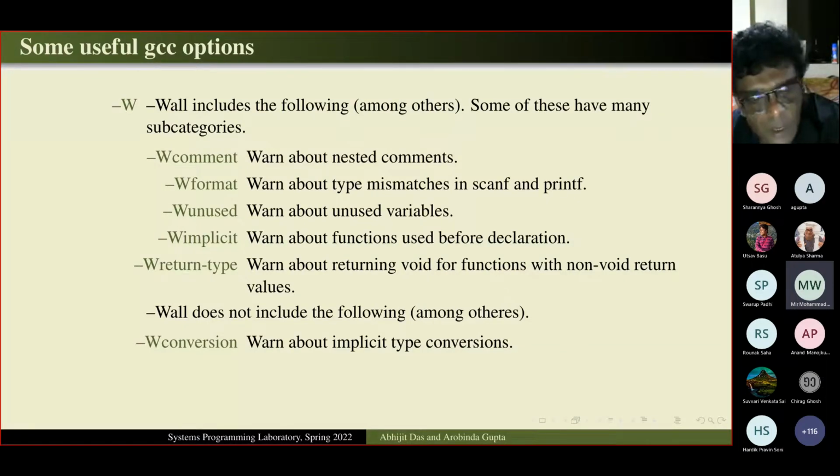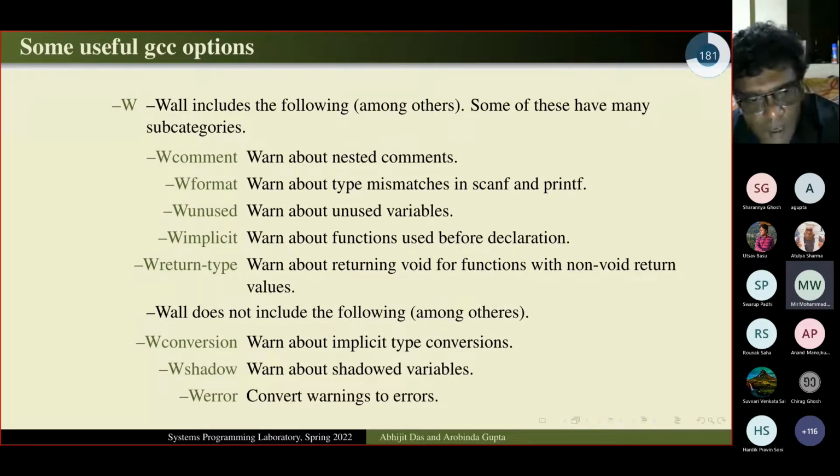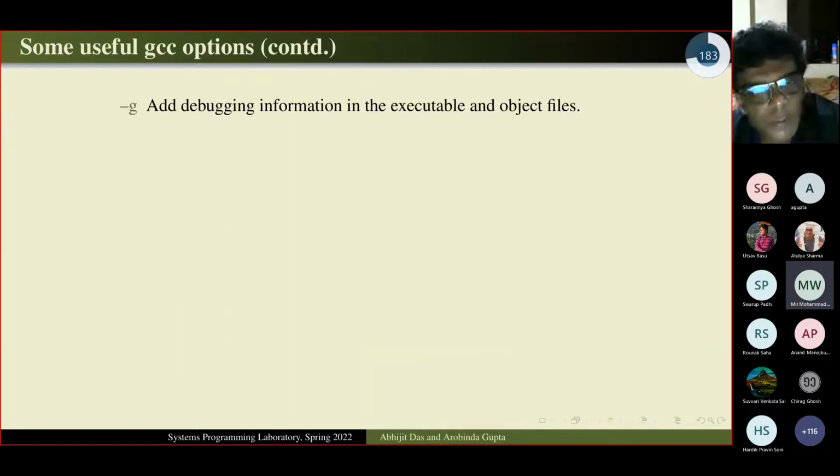And without this compilation directive, you cannot see that the compiler is doing that automatically for you. Warn about shadowed variables. There are many other things. So you may look at these things, or you should look at these things in the reference that is provided. And this is something quite serious. Convert warnings to errors. Okay. Anyway, so this is something about this -W.